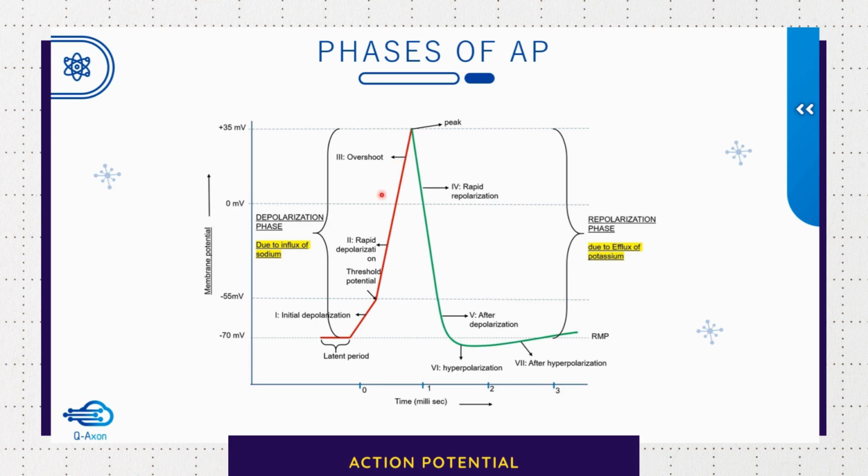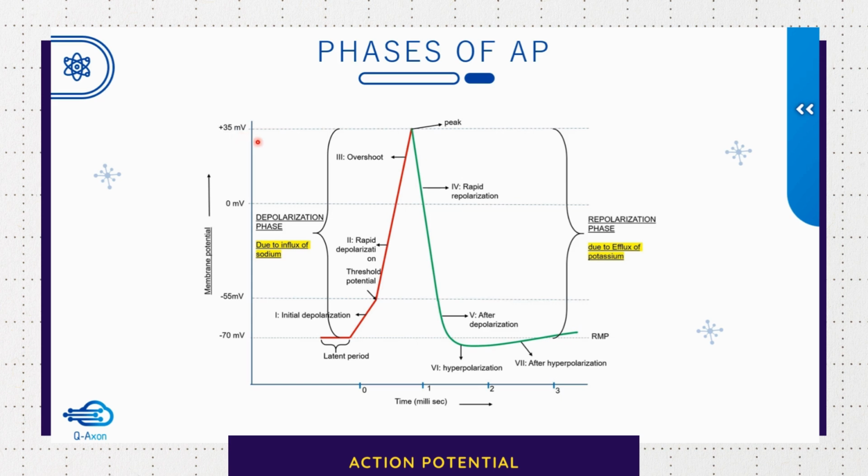Now the portion of this graph above 0 millivolt has a special name. This portion is called overshoot or spike potential. Now the moment the potential reaches plus 35 millivolt, further depolarization does not occur. So that is the peak of the action potential, and this is constant.